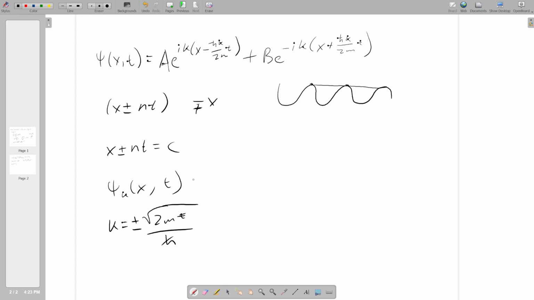Here we're just adding a plus or minus, and we're just going to combine it and say A e to the i k x minus h bar k squared, you can see we're integrating the k into the parentheses now, over 2m t. And so when k is positive, we can see that it's traveling to the right. When this is a negative value, this is traveling to the left.